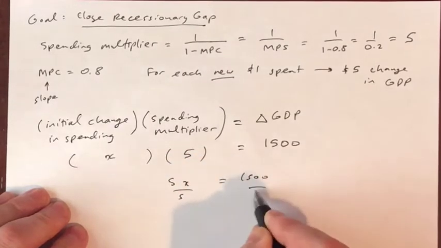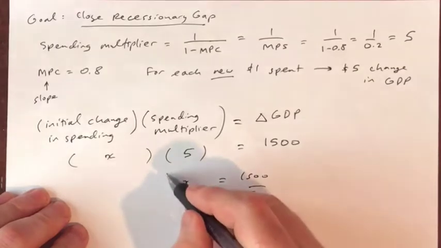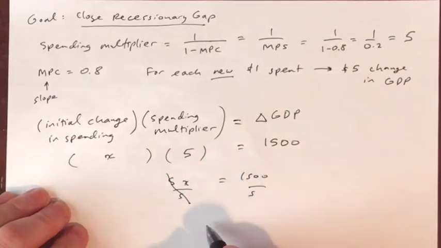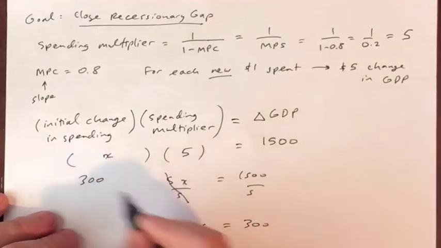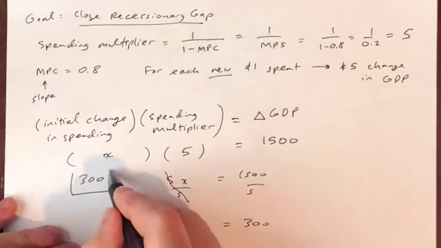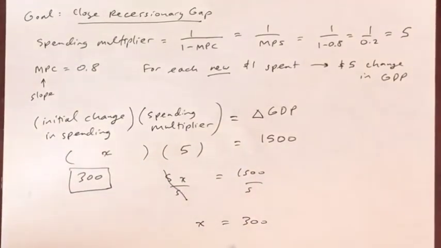We're just going to divide both sides by 5. That drops out. 1,500 over 5 gives us 300. So that's what we're putting in here. Our answer is we need an initial change in spending of 300, that is, $300 billion.